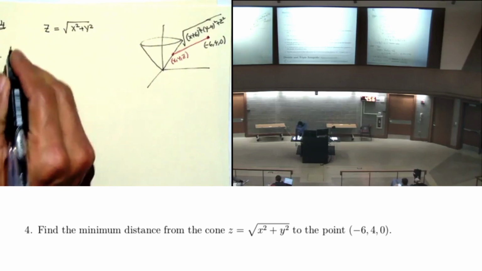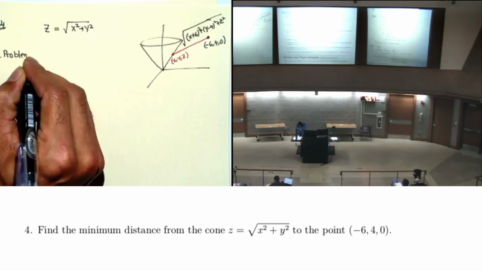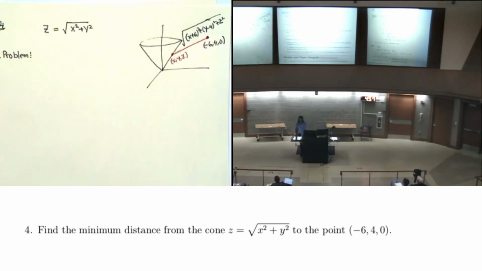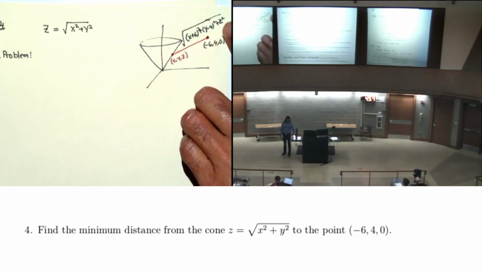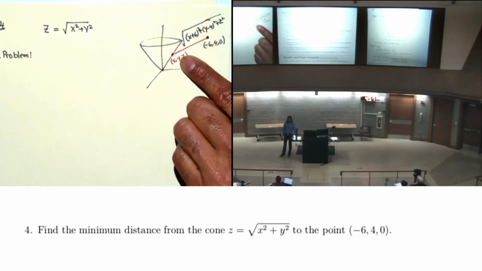So my problem is, I want to minimize this square root, but I will not minimize the square root because it is complicated to compute the derivative of a square root. I will minimize the inside of the square root, because the minimizer of the quantity inside is going to be the same as the minimizer of the square root.